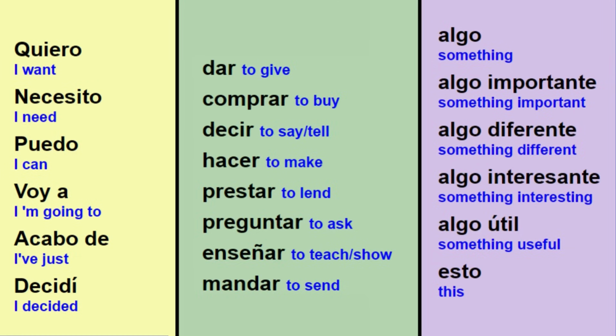How about: Quiero comprar algo? Straightforward. I want to buy something.